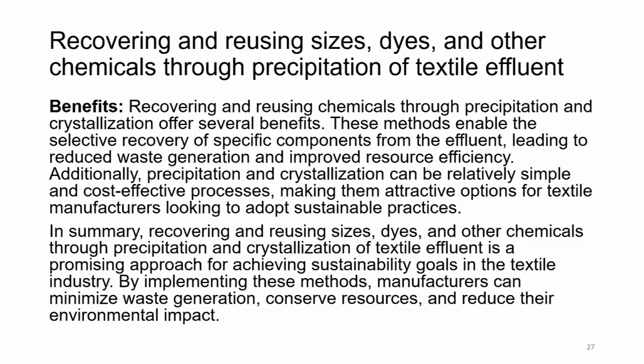In summary, recovery and reusing sizes, dyes and other chemicals through precipitation and crystallization of textile effluent is a promising approach for achieving sustainability goals in the textile industry. By implementing these methods, manufacturers can minimize waste generation, conserve resources and reduce their environmental impact.